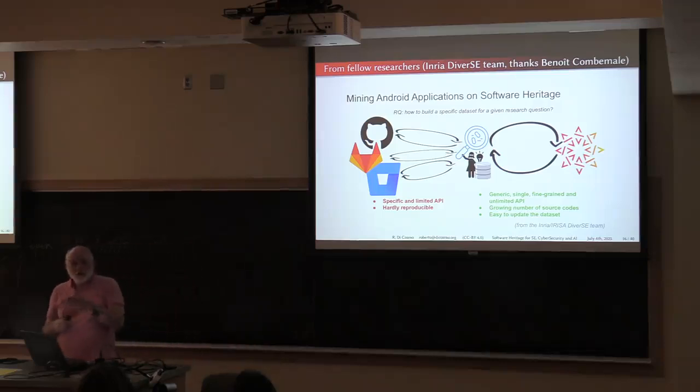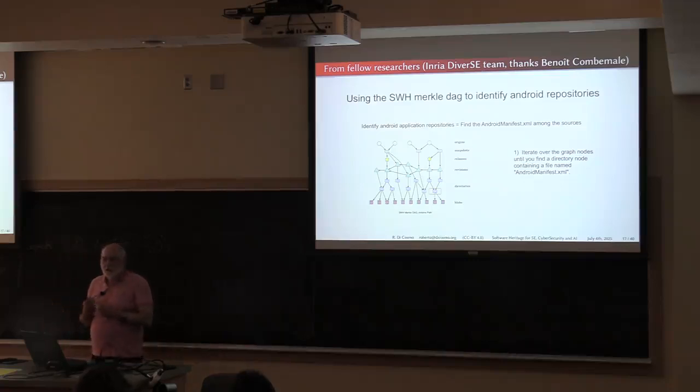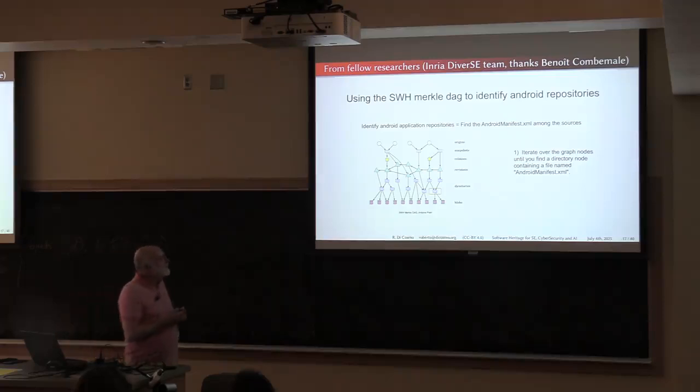And then they said, let's try to use the software archive. And they did already the heavy lifting on removing the duplicates. How does it work? To find an Android application, the telltale is a manifest file called AndroidManifest.xml. If you have something like this at the root of the source code, this is an Android application. So what do they do?